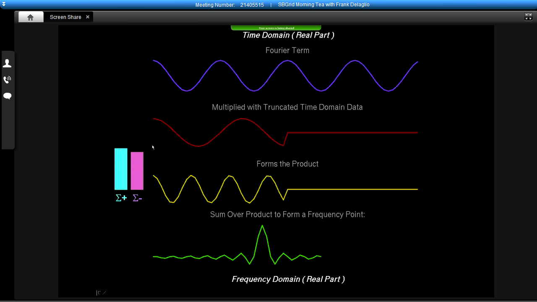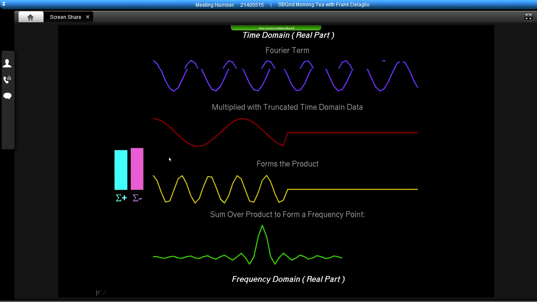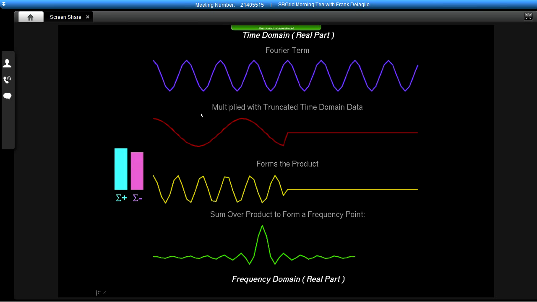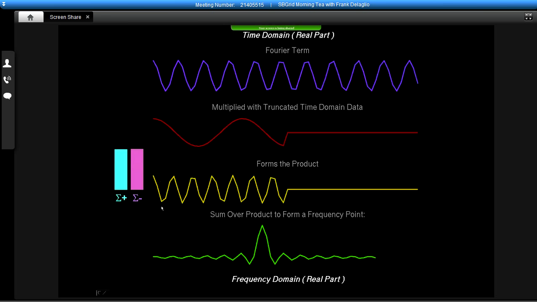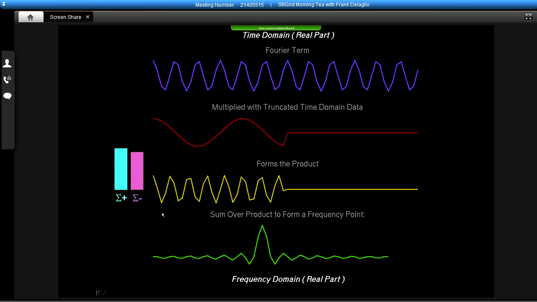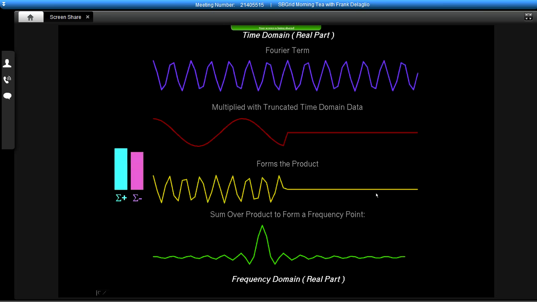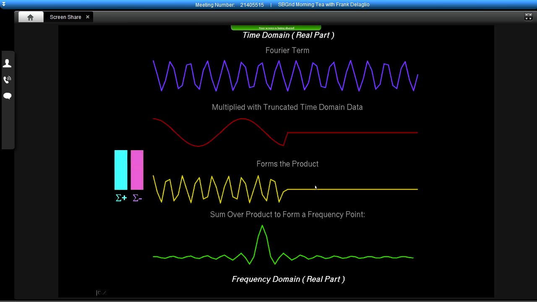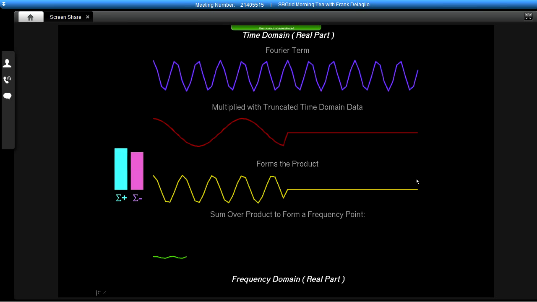But in this case now, since we have truncated data, we have a limited amount of data, the cancellation between the positive parts and negative parts of the product is not so effective anymore because we don't have a whole lot of data for all the cycles of the sine waves to cancel each other out nicely.